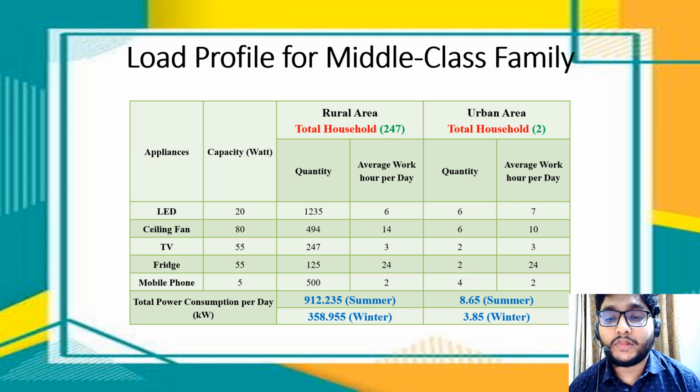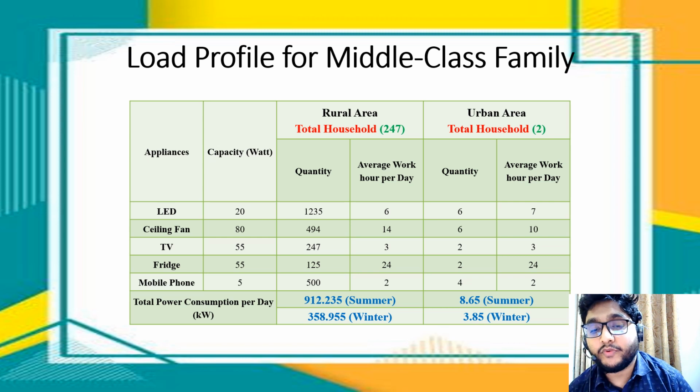We put all the values, and we got that the total power consumption per day in summer is 912.235 in rural area, and winter is 358.955 kilowatt, and in urban area in summer is 8.65, and for winter is 3.85 kilowatt.